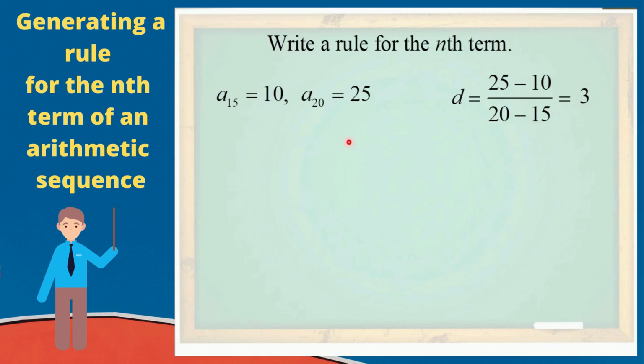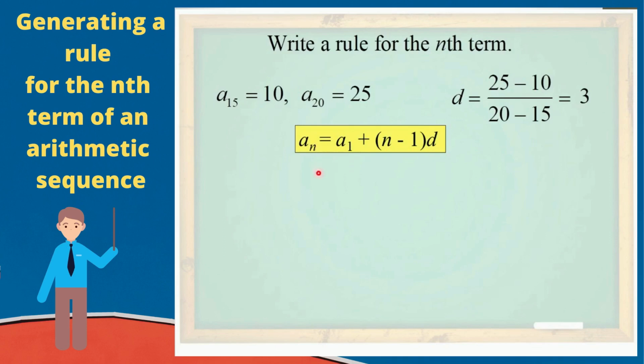Now, since we have the common difference, we are going to find the first term, or a sub 1. Using the general rule, we have a sub n equals a sub 1 plus the quantity of n minus 1 times d. Substitute the given values.